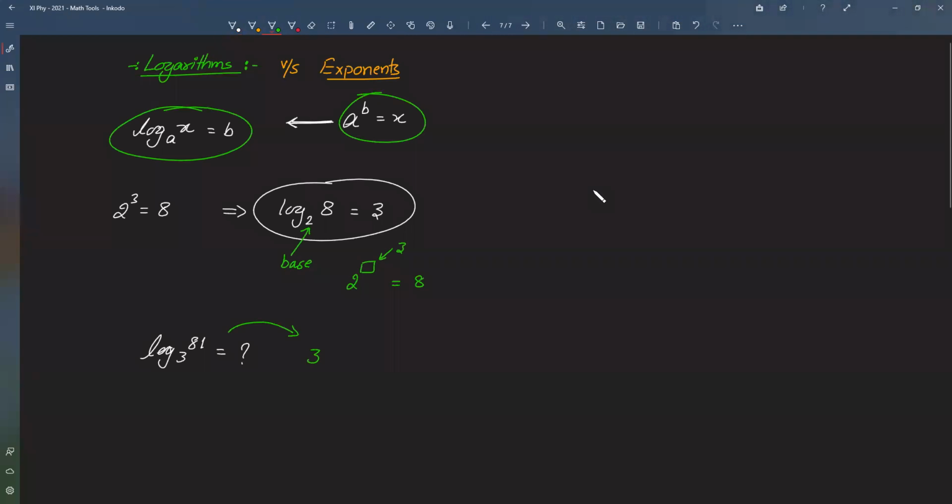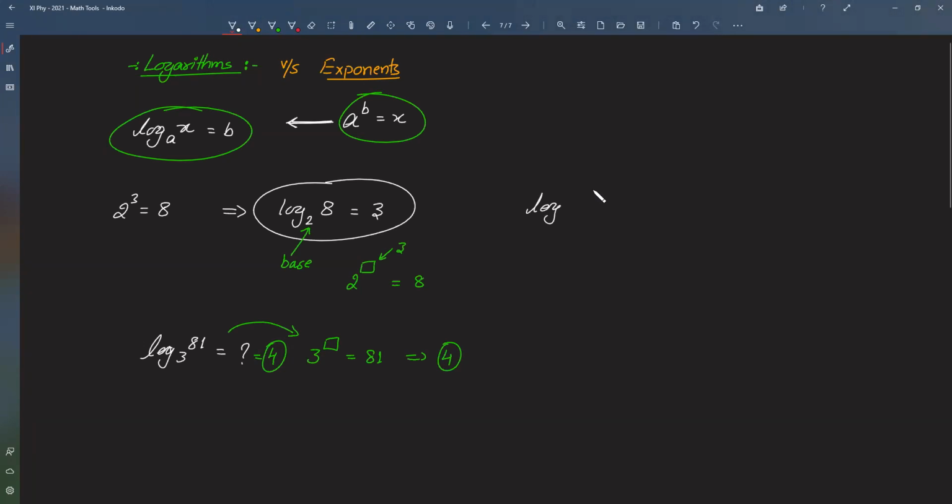So 3 is the base. And what should be the power of that base so that it gives you 81? Now tell me. 4. Yes, 4, right? Yes, sir. So this is equal to 4.